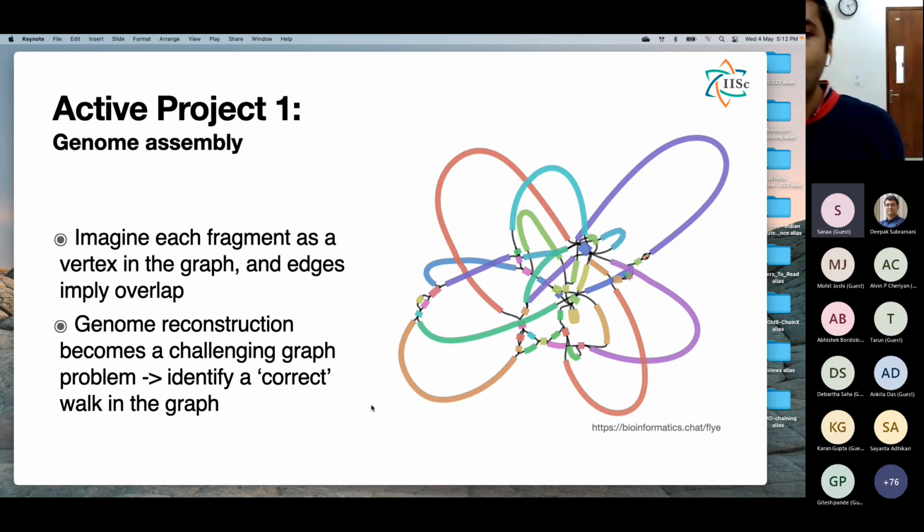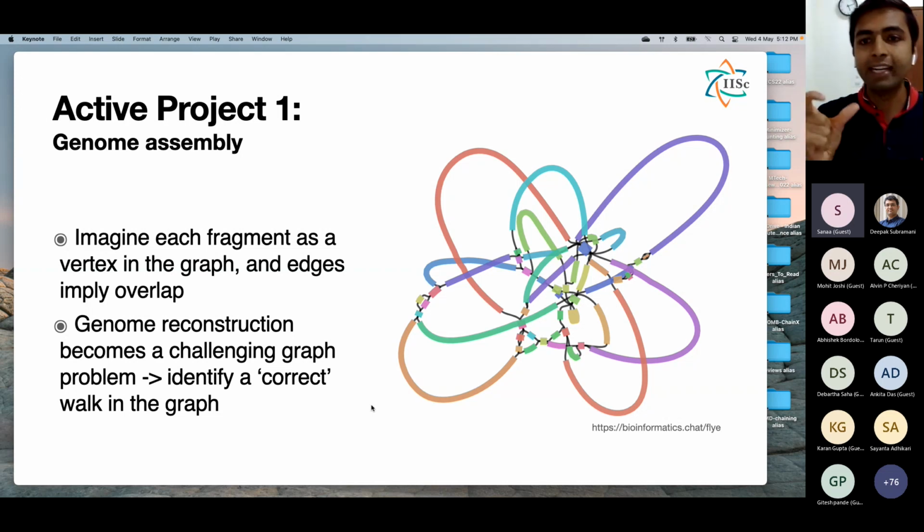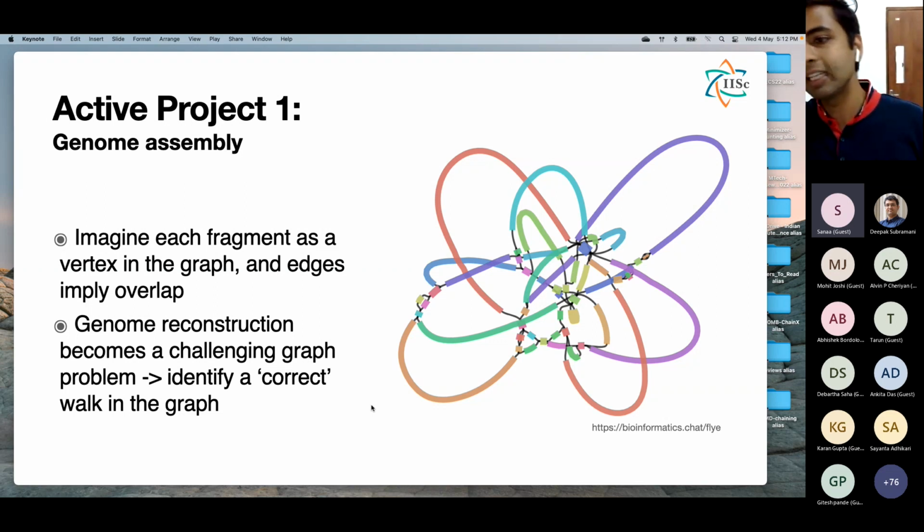The genome reconstruction problem becomes the challenge of identifying a suitable walk in this graph that spells the original genome. So maybe the original genome starts from this vertex and you have to compute a walk along this graph that spells the original genome.